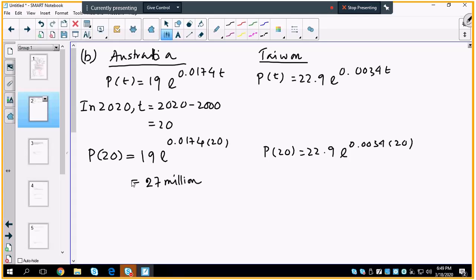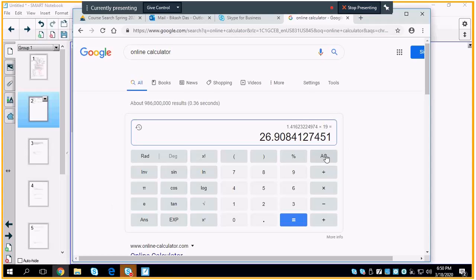How about Taiwan? It's similar work. We're going to find it out in our calculator and round to the nearest whole number. So I have 0.0034 that I multiply with 20, and the answer is 0.068. Then I say e to the power of the answer, and I multiply this quantity by 22.9, which is the initial population.